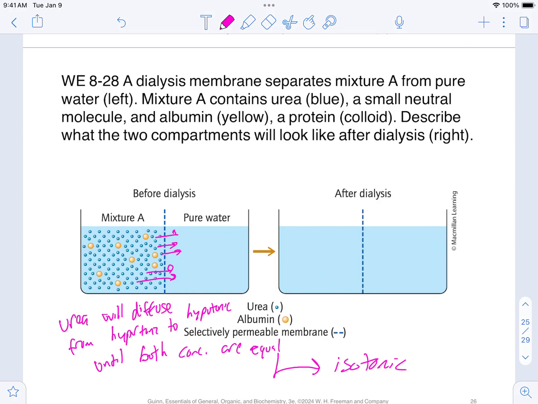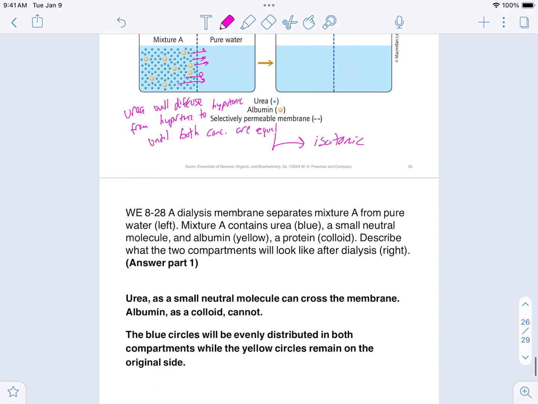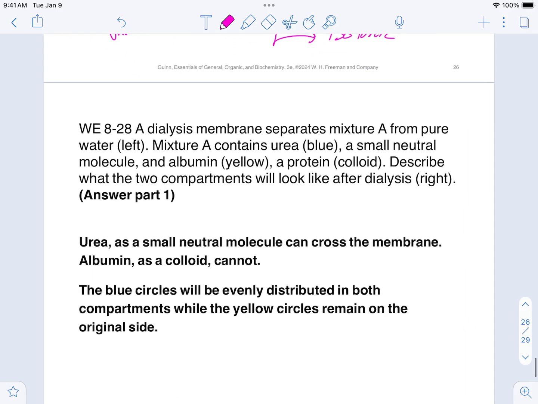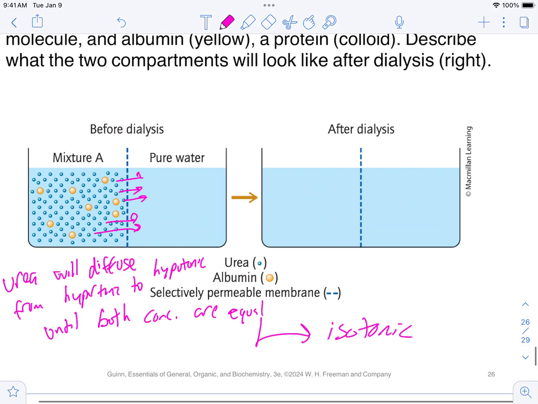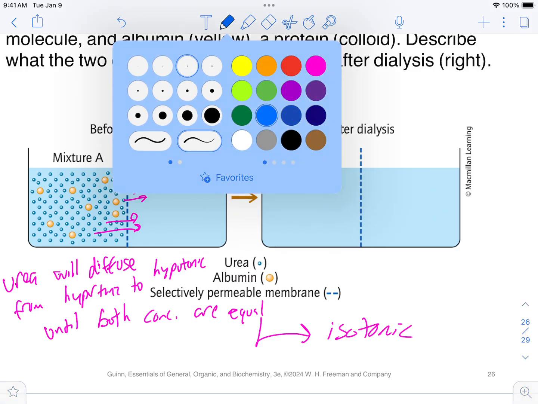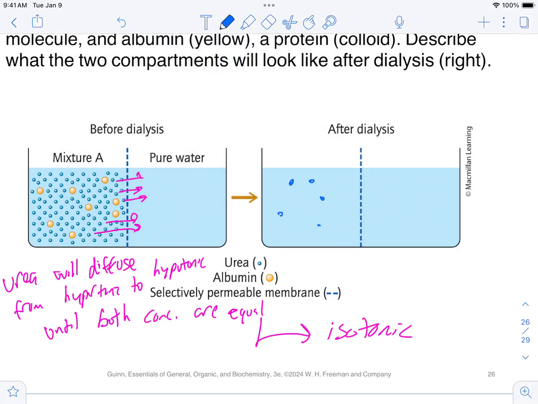I think that says this on the next slide. Yep. So your urea will cross the membrane. The yellow, the colloids, will not. So if you had to draw this, you would have about the same number of blues on both sides.